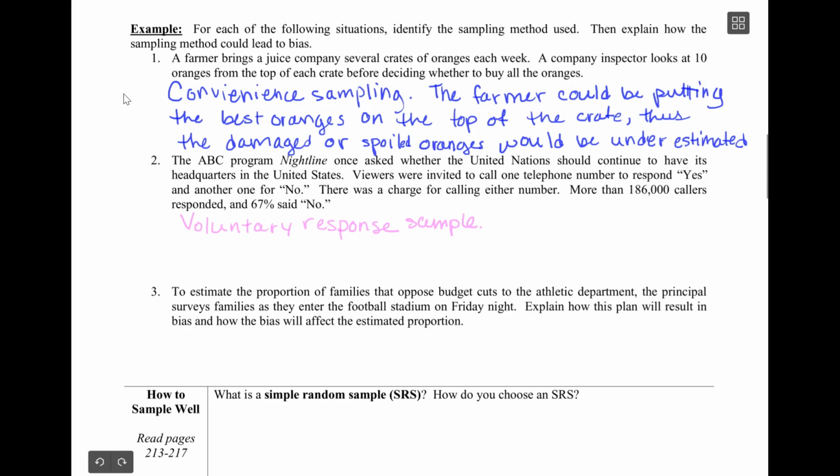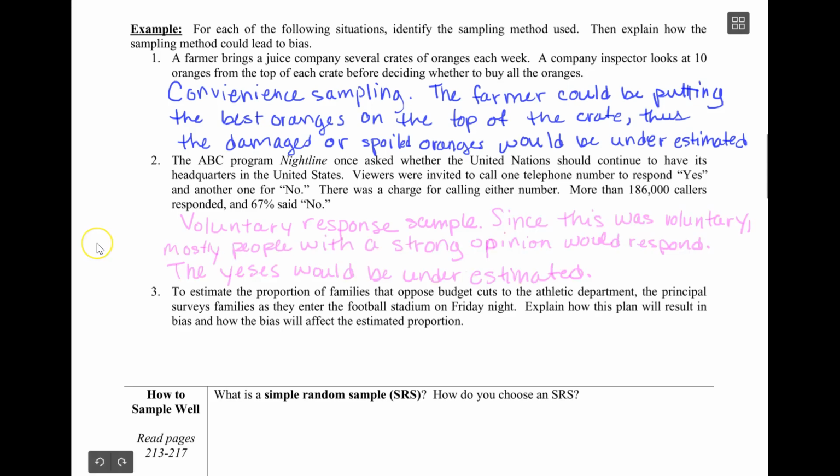Since this was voluntary only, only people passionate about this one would probably respond. So since this was voluntary, mostly people with a strong opinion would respond. And usually people don't respond to the status quo or what is already true. It's already true that the United Nations is headquartered in the United States, so the yeses will actually be underestimated.